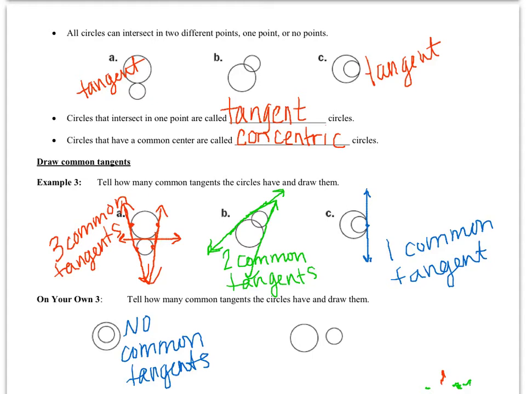The next one here, okay, well, these two don't touch in the middle. So there's not going to be a line going like this, but we could draw a line here and here, just like we did for the pictures up above. So I'll try and draw those in nicely for you. So there would be one tangent.